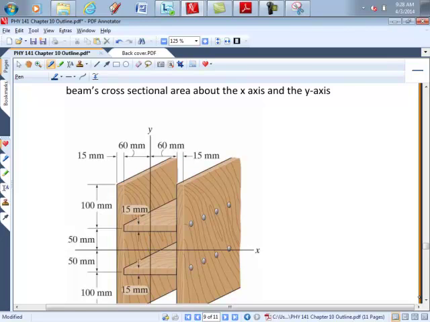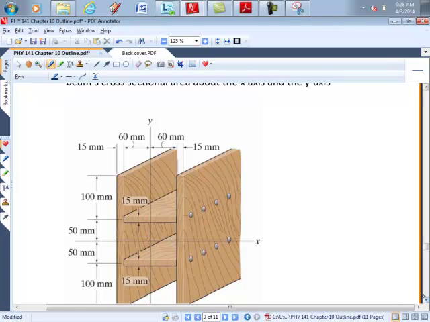So we're going to do an example here. So this is a beam. It's like a box beam, a hollow box beam. So we've got these two vertical pieces of wood, and they're held parallel by two horizontal pieces of wood. So how would you like to divide these pieces?